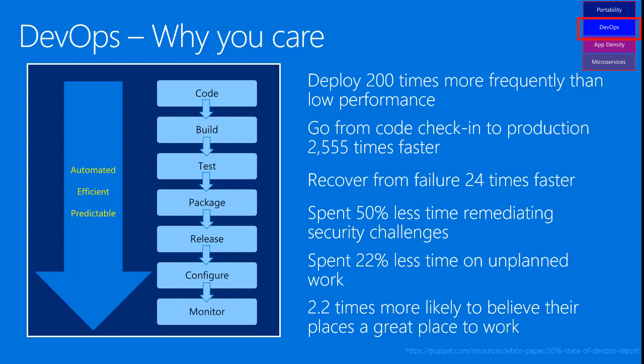In general, successful software companies utilize DevOps to optimize the way they deliver their apps. It leads to a lot of efficiencies, from recovering faster from failure, fixing security challenges, and spending less time doing unplanned work. You can read about this. Puppet and Chef have this white paper, which you can see in the lower right corner, that you can go read about.